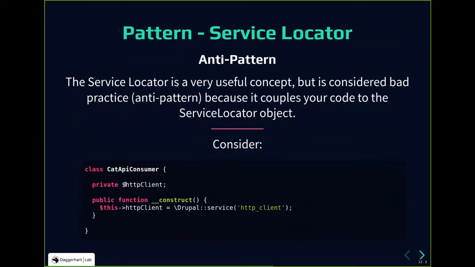So the problem with the service locator: a service locator is considered an anti-pattern. It's a bad pattern. The problem with a service locator is that it couples your code to the service locator object. So let's look at our cat API consumer. If when we were instantiating our cat API consumer, we went and reached out to the Drupal service locator to get the existing HTTP client service, then what we've done is we've created a dependency of our custom class, on not even this HTTP client, but the service locator itself.